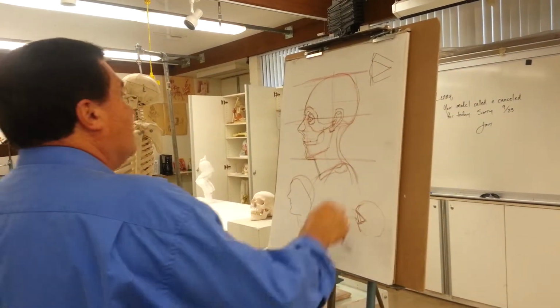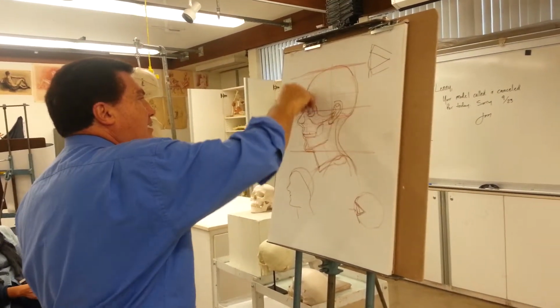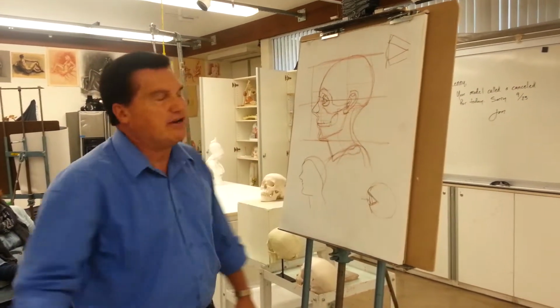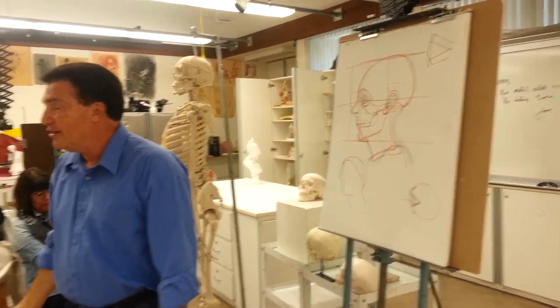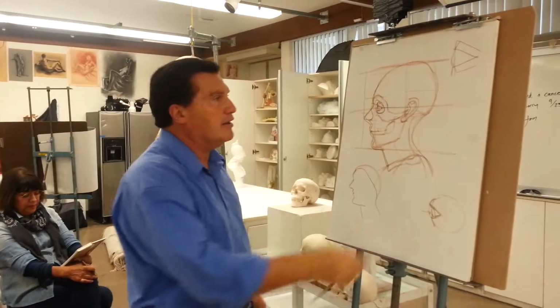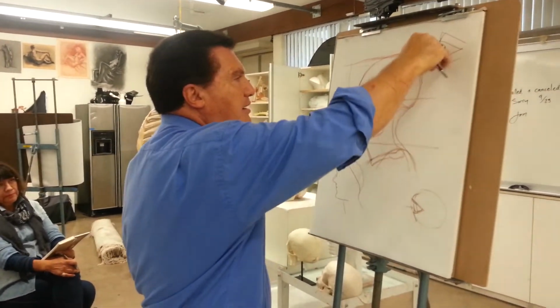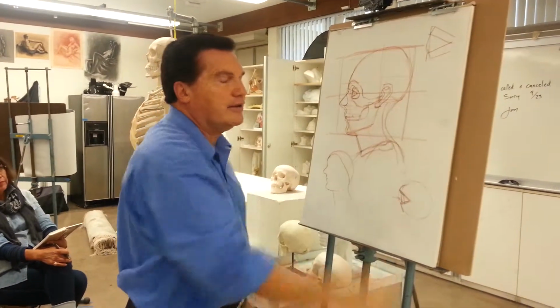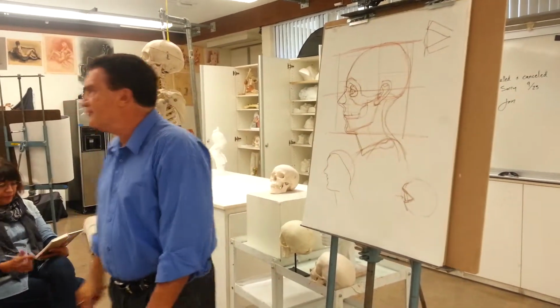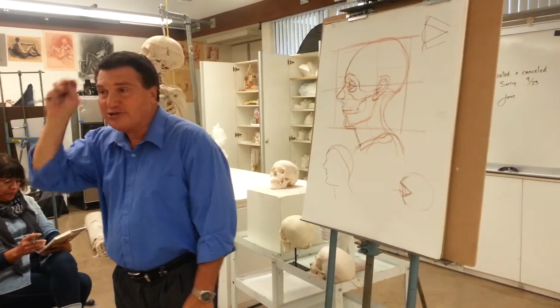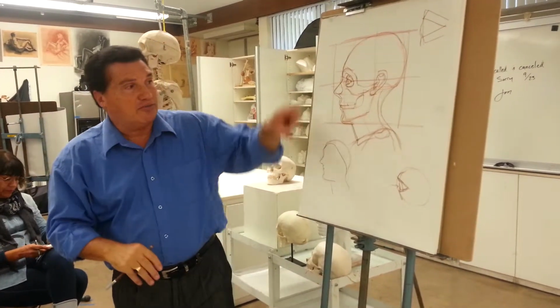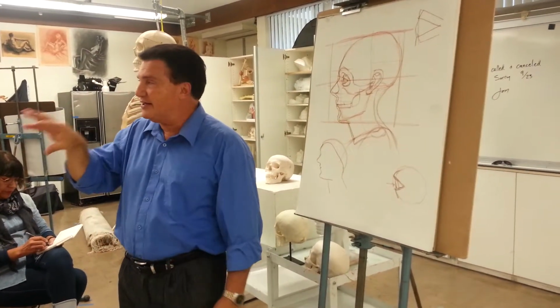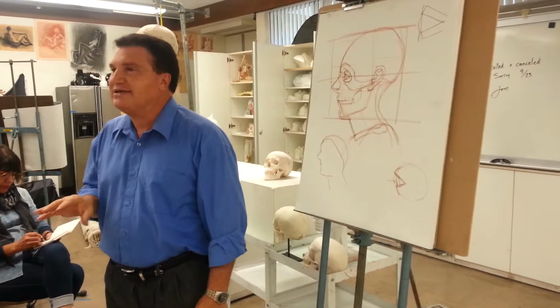Now, if I take this and draw a line here, this is where sacred geometry is kind of cool. From the tip of the nose to the back of the head here, what do you see there? A square. Yep, it's a square. So make sure that you're placing the figure in the right location. Otherwise, it's going to look real funny.